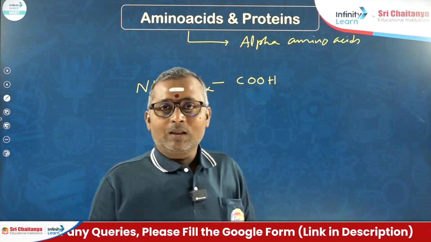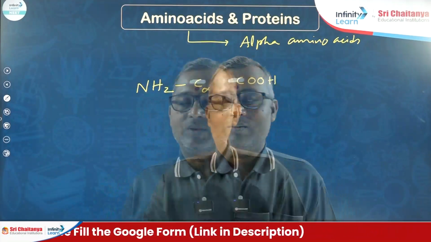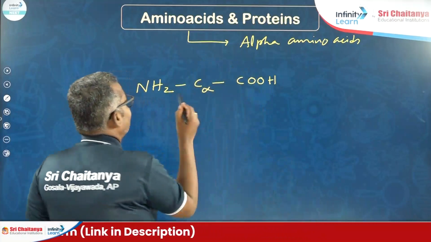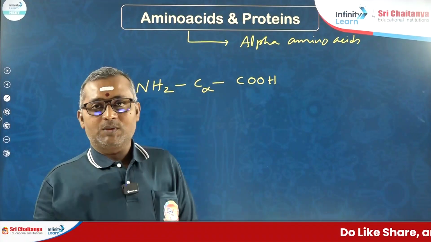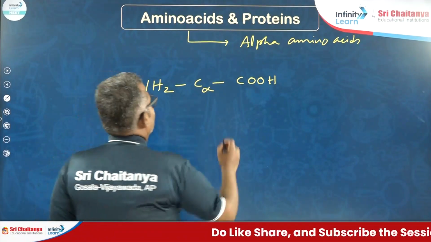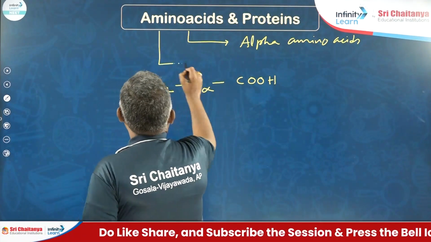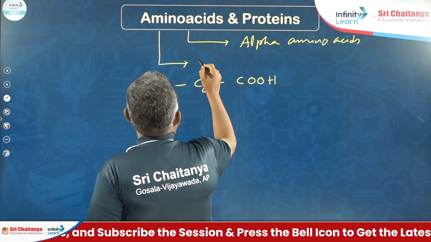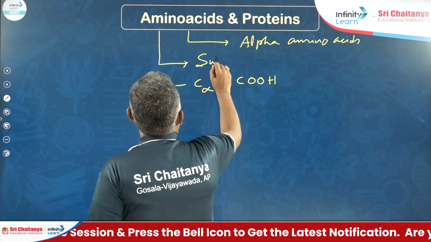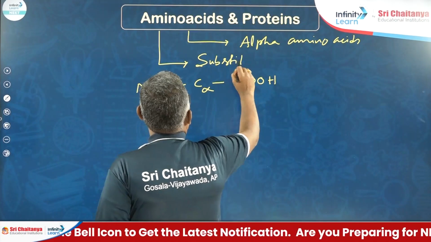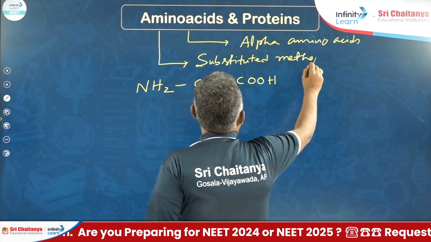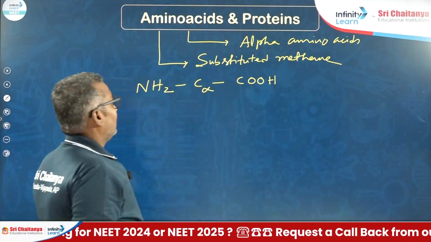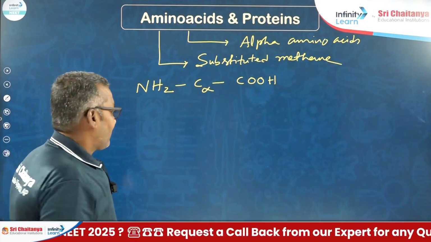As we know, the carbon valency is 4. Therefore, the 4 valencies of carbon are substituted by 4 functional groups. Therefore, amino acids are also called substituted methanes. Let us see how exactly the structure of an amino acid exists.